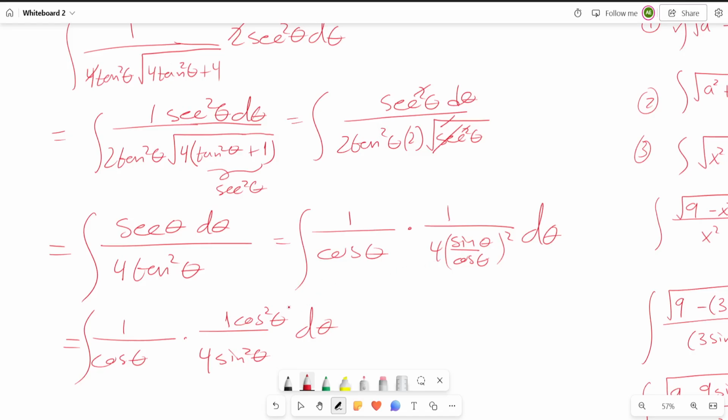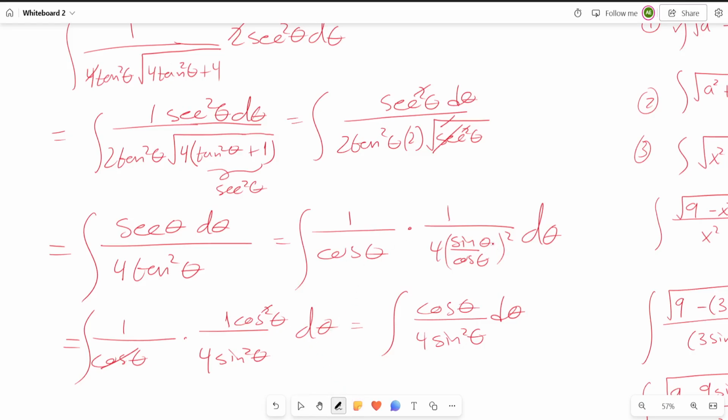So from here, what I can do is divide those two. So this becomes a cosine theta on the top, over 4 sine squared theta d theta. This is what I reached over here. So what I can do from here, I can quickly notice that I can solve this part using u substitution.